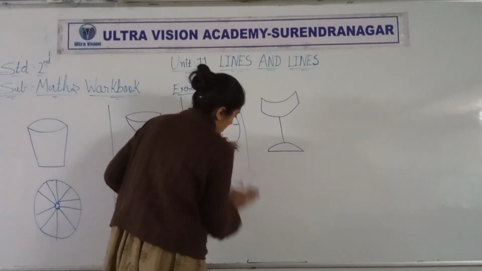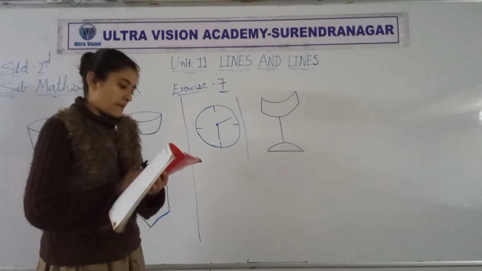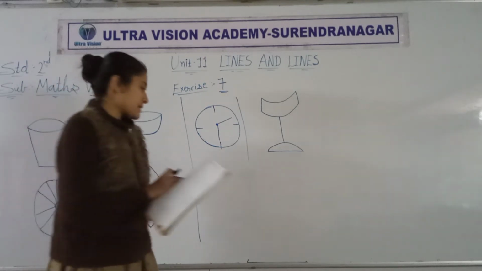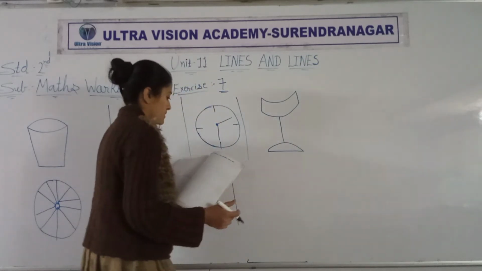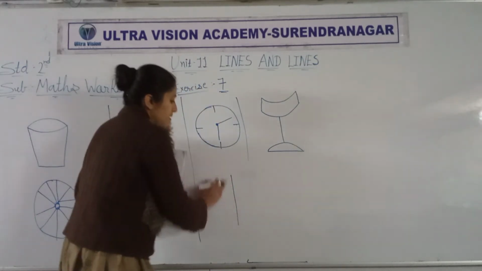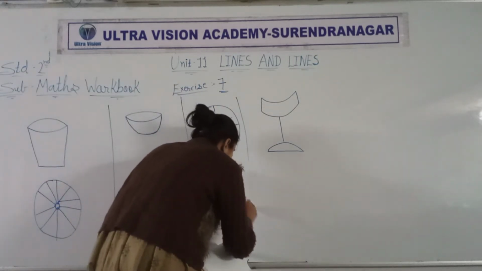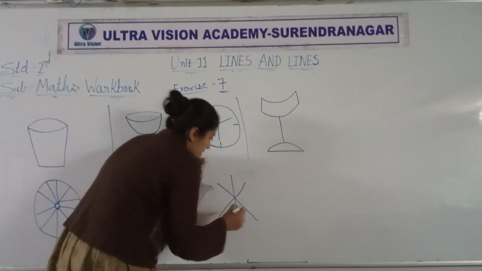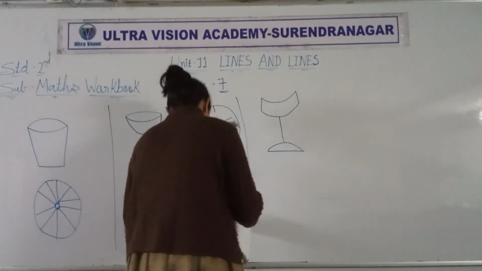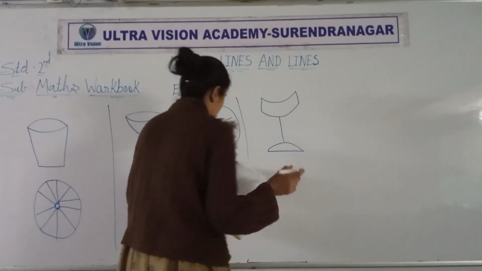Next picture is somehow hard, but it's not very hard, right? We can make it. Let's do it. First we have to make a standing line. Again we have to use here a slanting line. Again a slanting line. And just we have to complete its shape like a kite shape, right?